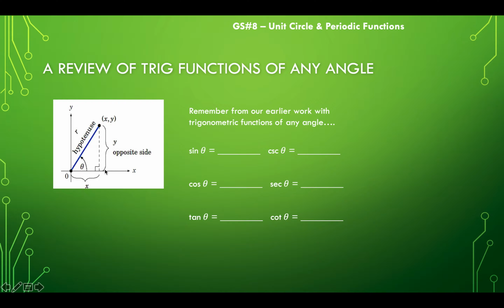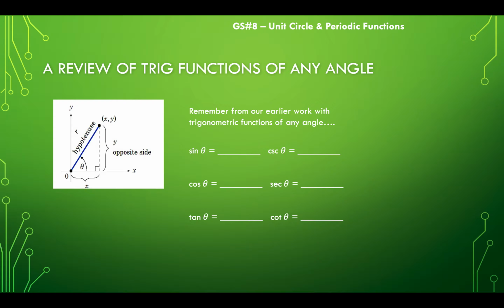When we did that, we formed this right triangle, and then we used our SOHCAHTOA ratios and came up with some great tools to define the trig functions for any angle.